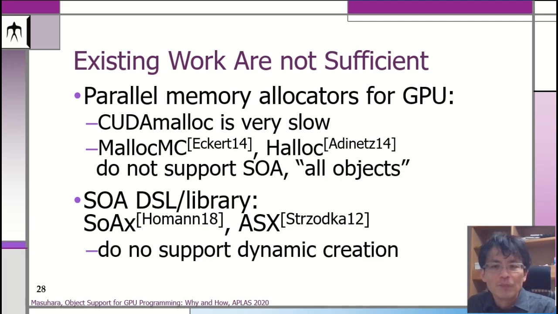And there are also libraries that transform class declarations into structure of array memory layout, called SOAX and ASX, but they do not support dynamic object creation. If we wanted to support dynamic object creation, we would probably need to rewrite or redesign the entire library.